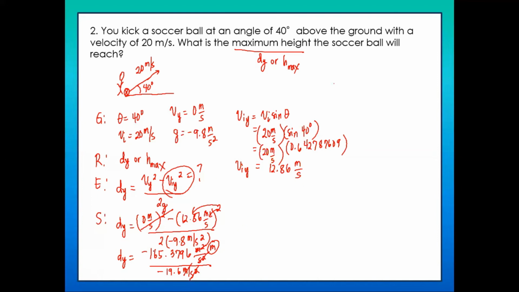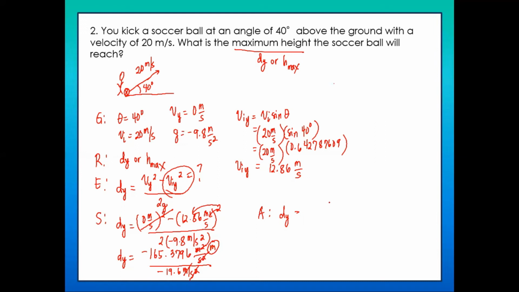Okay, so doing the operation involved here, the answer for your d sub y is negative 165.3796 over your negative 19.6. So hopefully you're working with your calculator, divide by negative 19.6. So d sub y, we round off to 2 decimal places.